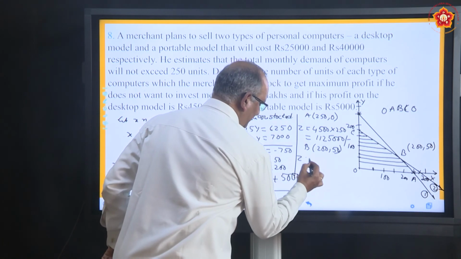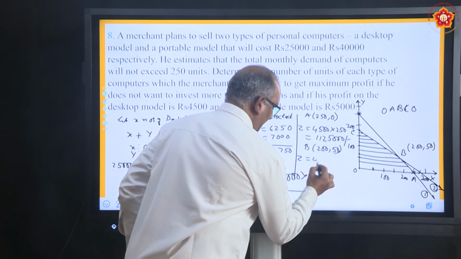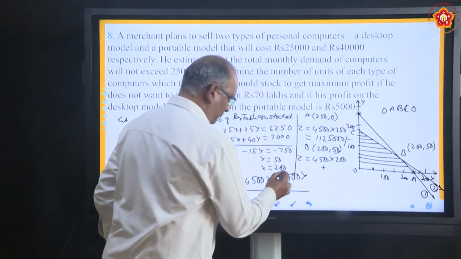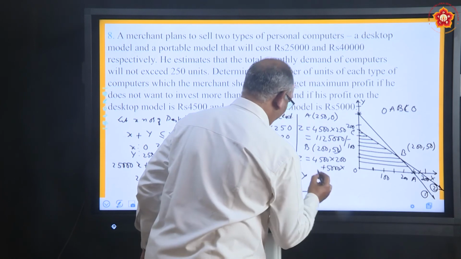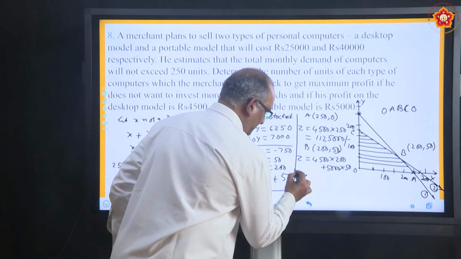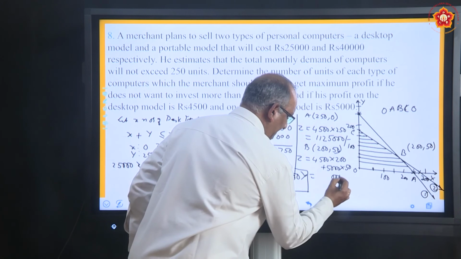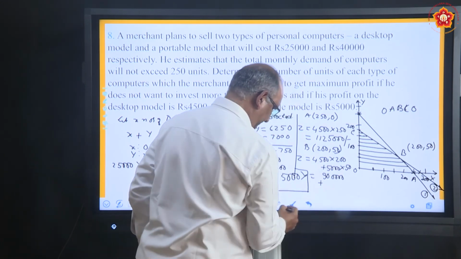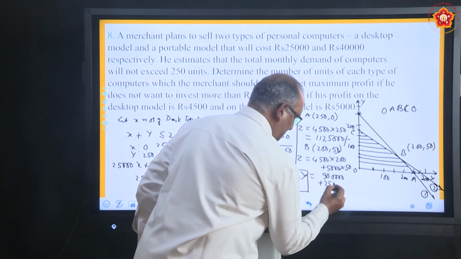So what will be Z? Z is going to be 4500 into 200 plus 5000 into 50. Simplify this also. 4 zeros, 45 2s are 90 plus 5 5s are 25 and 4 zeros.